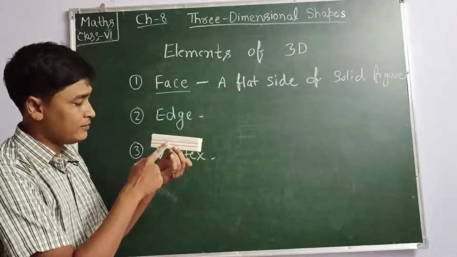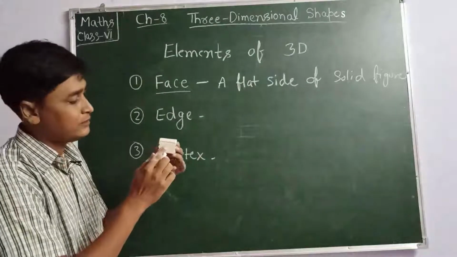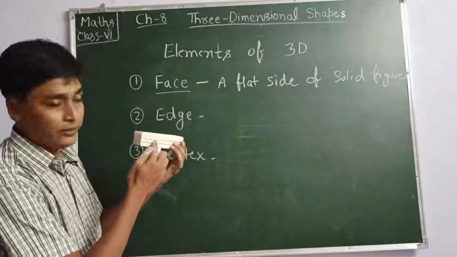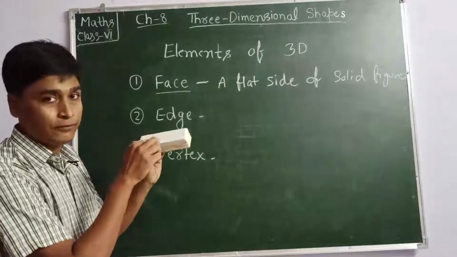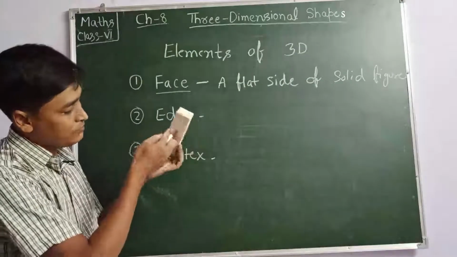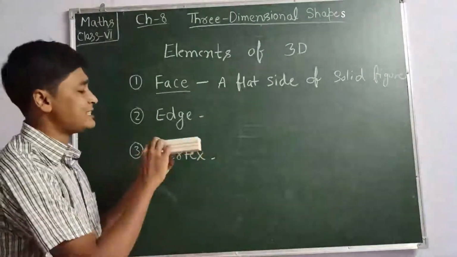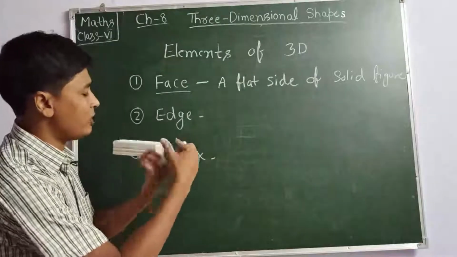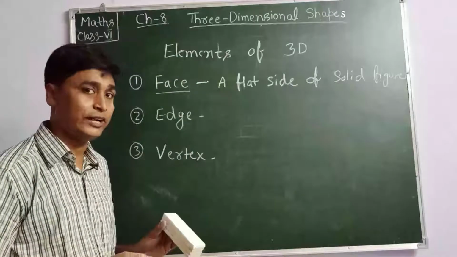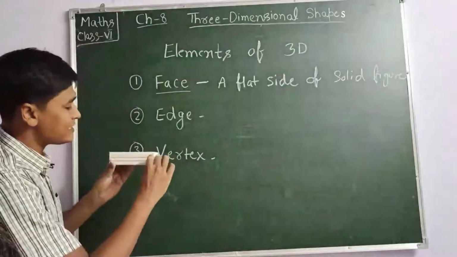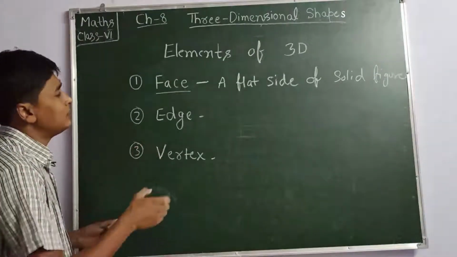First face, one, 2, then 3, and come here, 4 face. Now at the top, 5 face. At the bottom, there's a 6 face. So a flat side of any solid figure is called a face.